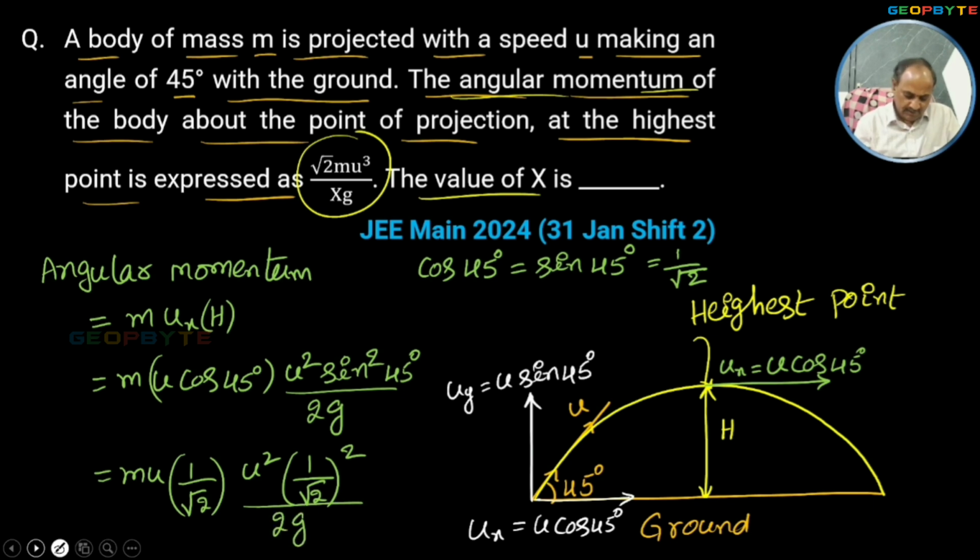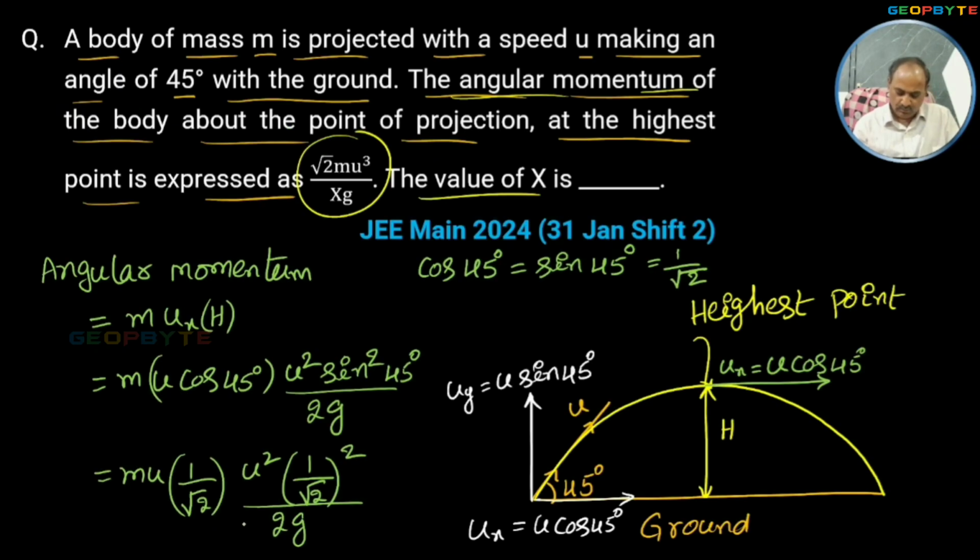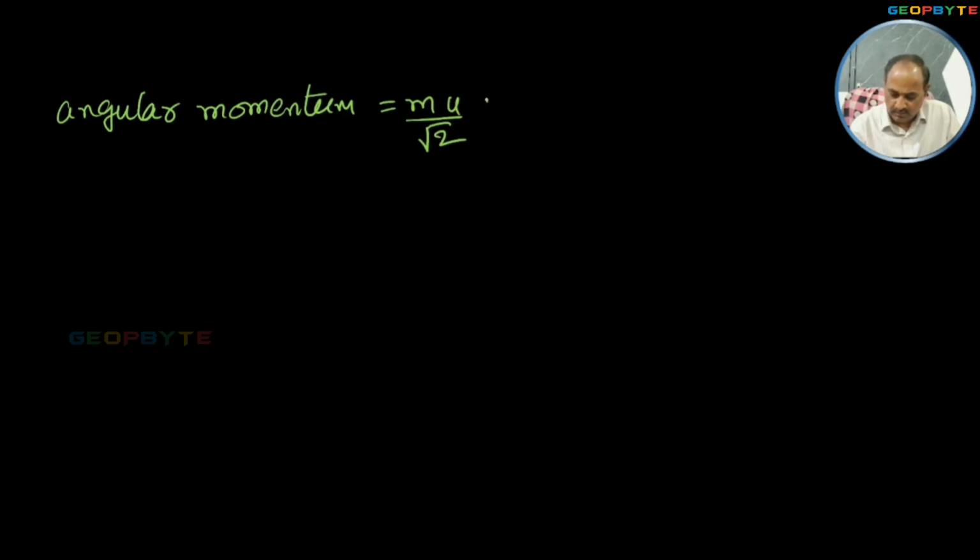Let us take another slide. The angular momentum is equal to m u by root 2 into u square into 1 by root 2 whole square by 2g.